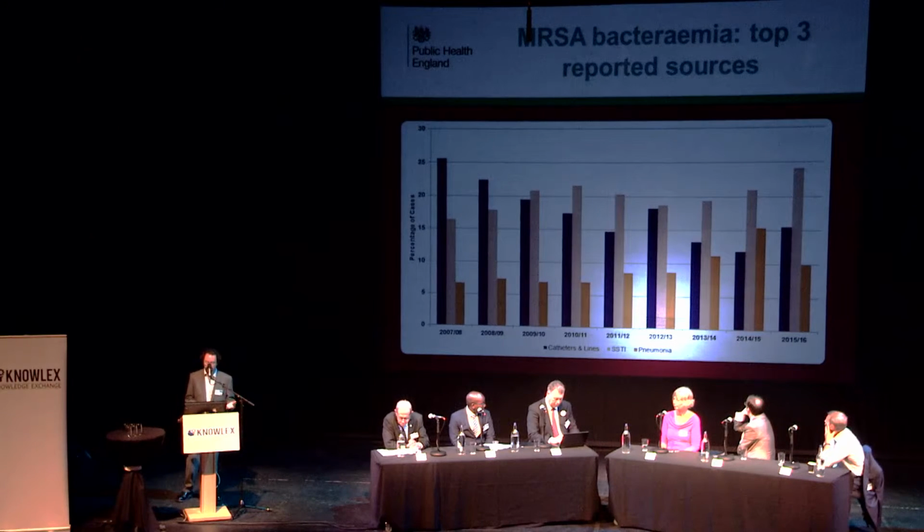And then over time, that has switched to skin and soft tissue. Skin and soft tissue being a source of bacteraemia much more associated with the community setting as well. And obviously, with the line-related care, you had those line-related care bundles coming in as well, directly attacking the bacteraemias that were caused by line association.